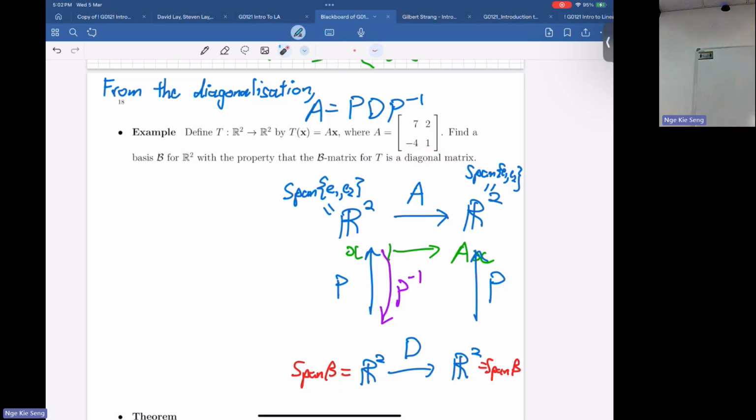When you have a connection between a matrix and a diagonal matrix, this is what we learned in the previous section, right? When A is diagonalizable, then there exists a P such that PDP inverse equals A. Now I argue that actually this P will form the bridge between these two arrows.